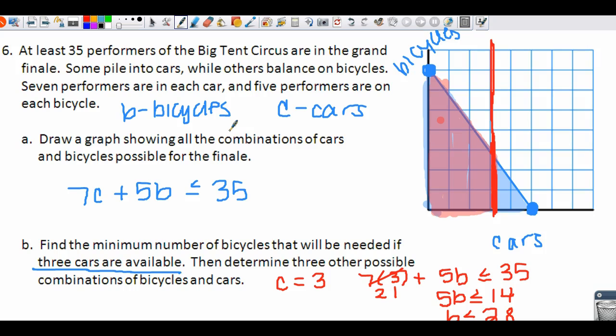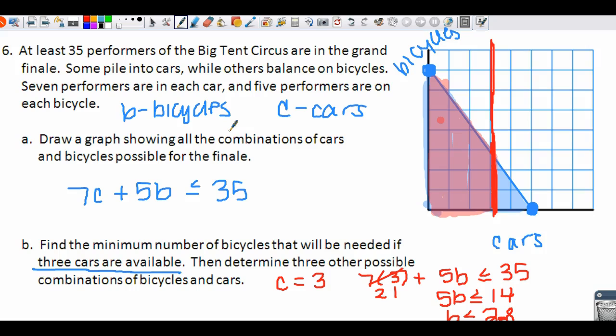So what that means is the minimum number of bicycles that would be needed, or the maximum number of performers you could use, is 2.8. You cannot do more because you don't have enough.